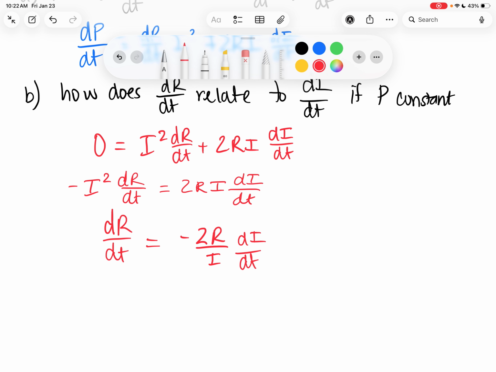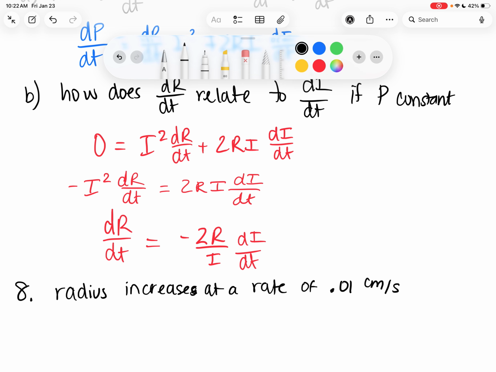We'll get into a couple here that actually have stuff we're solving. Number 8, heating a plate. When a circular plate of metal is heated in an oven, its radius increases at a rate of 0.01 centimeters per second.